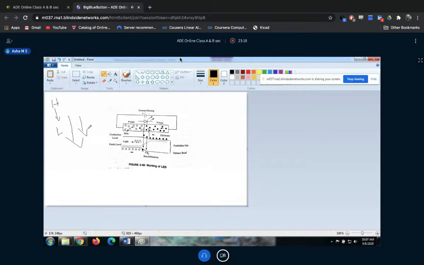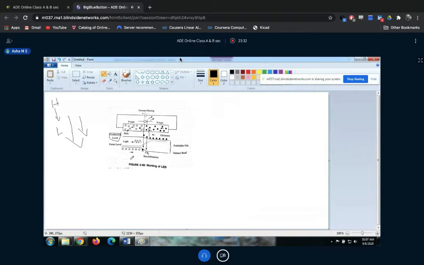The electrons that were in the conduction band, because of the forward biasing you have applied, jump to the valence band because of the recombination. So the quantum theory says whenever electrons move from a higher energy level to a lower energy level, a photon is emitted, and here this photon is getting emitted.